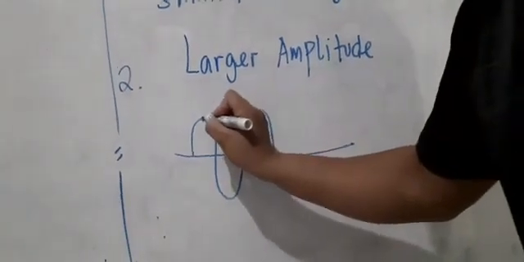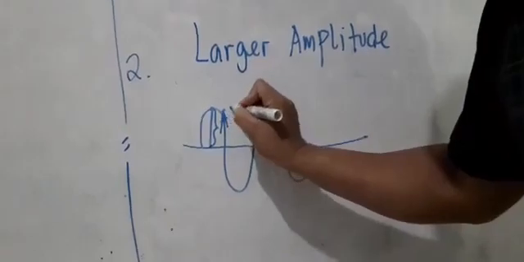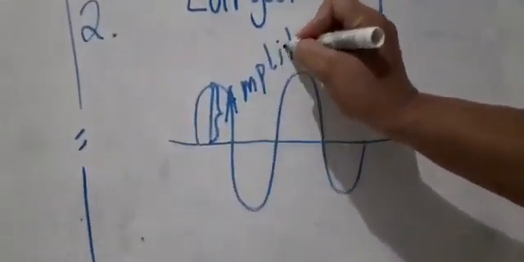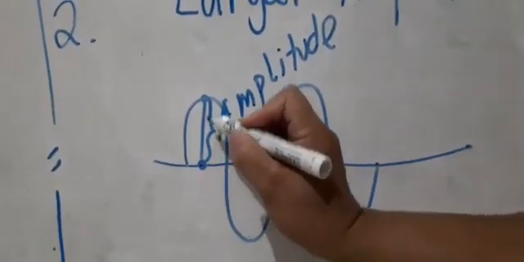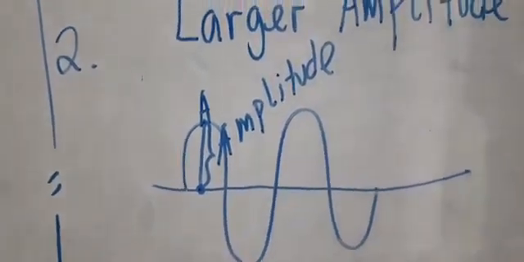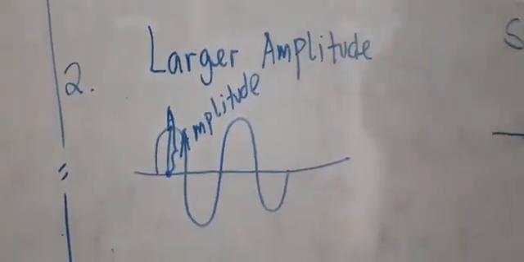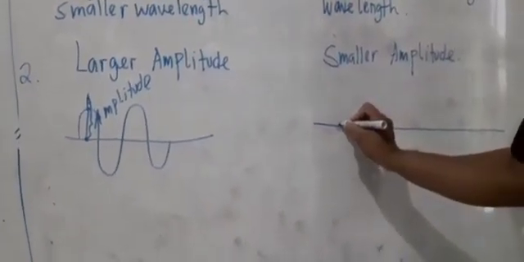This is what we call amplitude: the distance between the equilibrium position and the highest point, let's say point A. But the smaller amplitude is maybe like this.